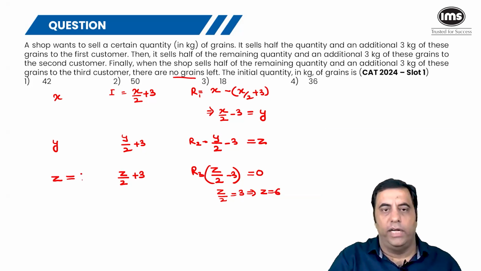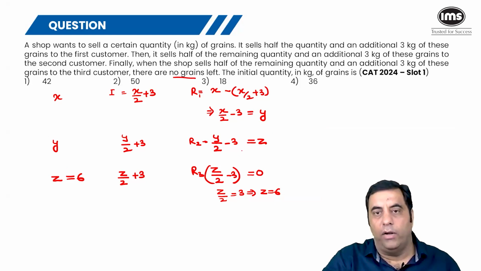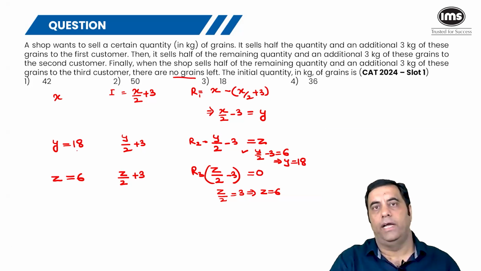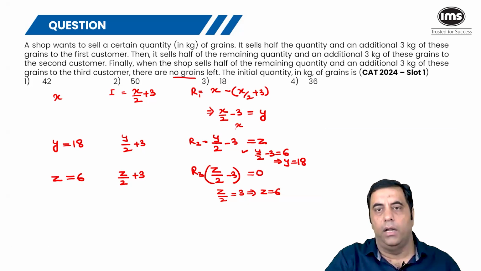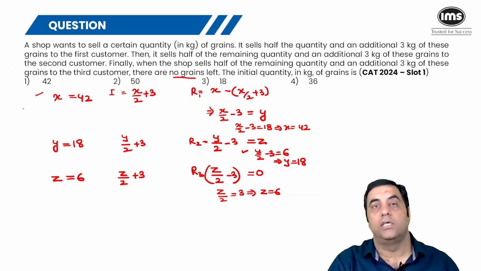Once I know z equals 6, I can identify y by putting the value in this equation: y by 2 minus 3 is equal to 6, which implies y equals 18. Now, plugging y equal to 18 here, I get x by 2 minus 3 is equal to 18, which implies x equals 21 into 2, 42. Hence, the original quantity is 42, which is the answer to this question.